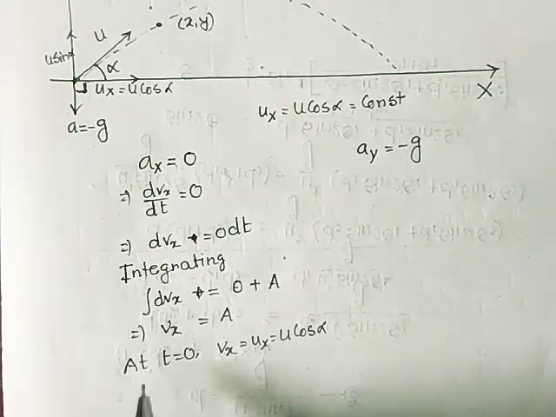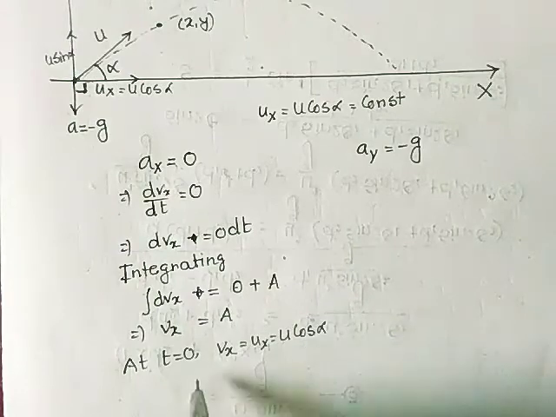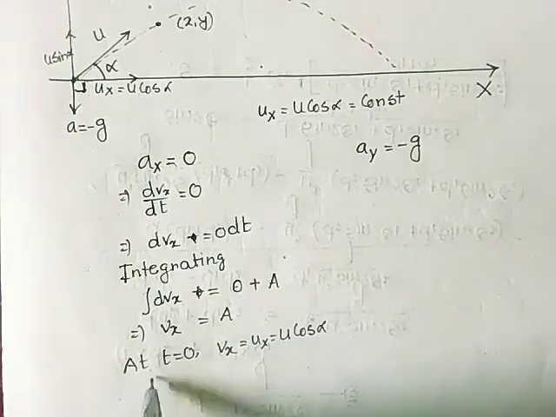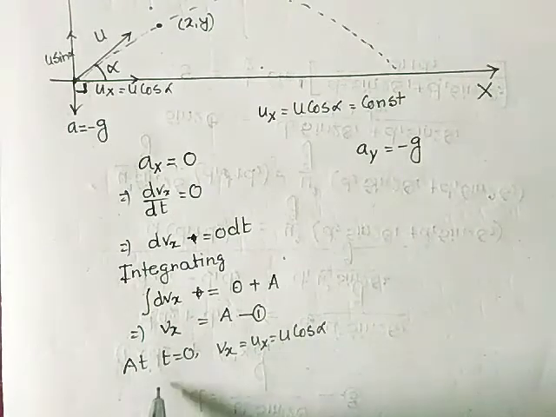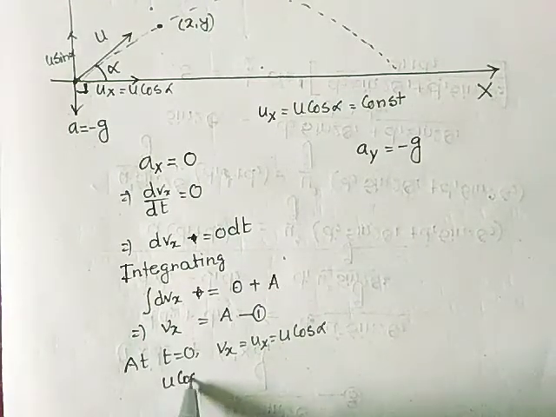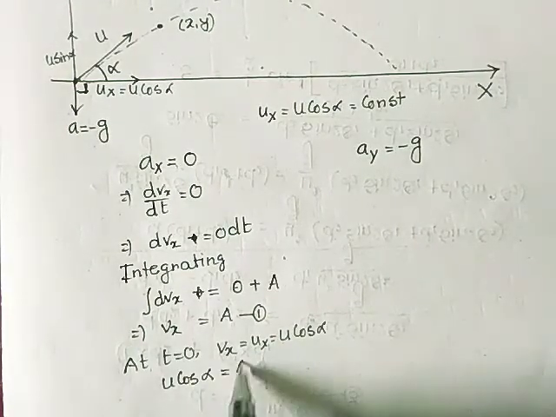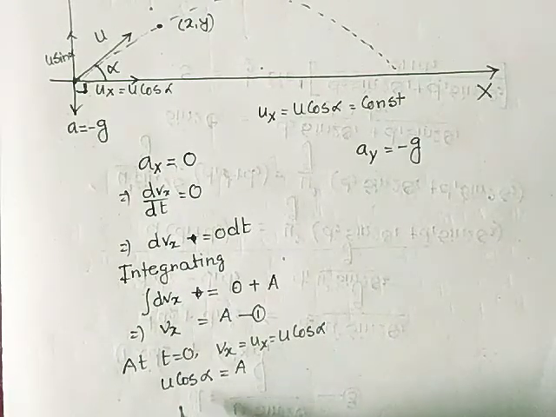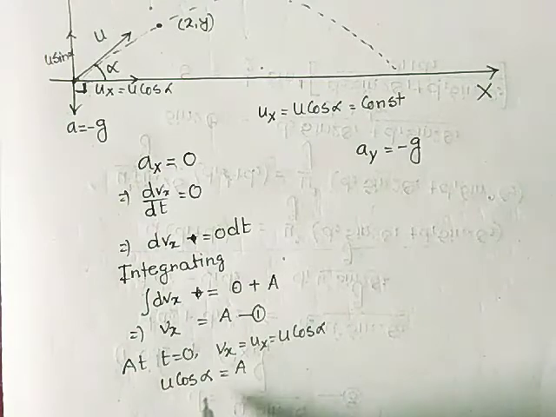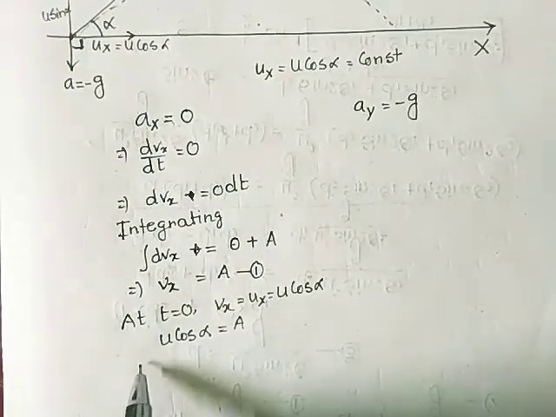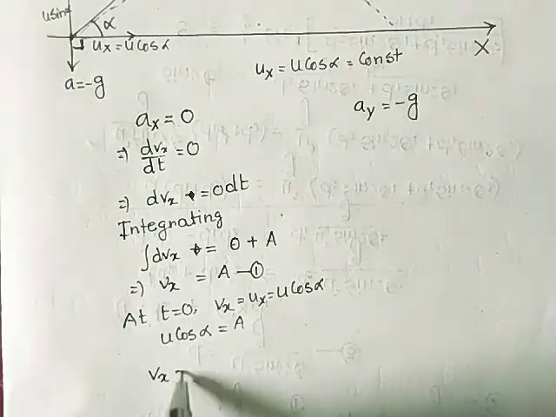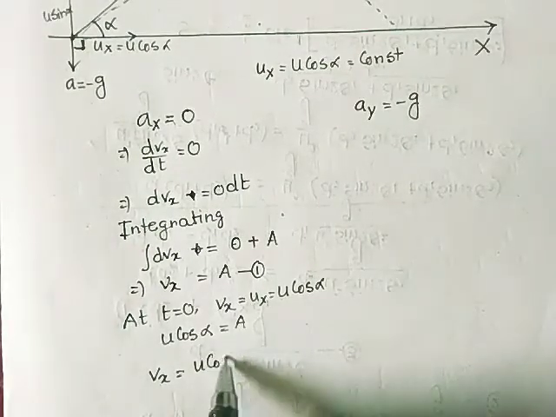If I name this equation 1 and put this in, then it will be u cos alpha equal to a. So we find the value of a by applying the boundary condition.